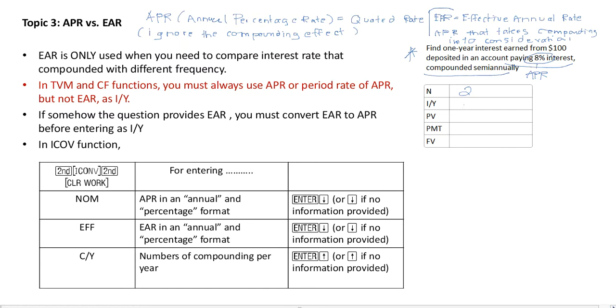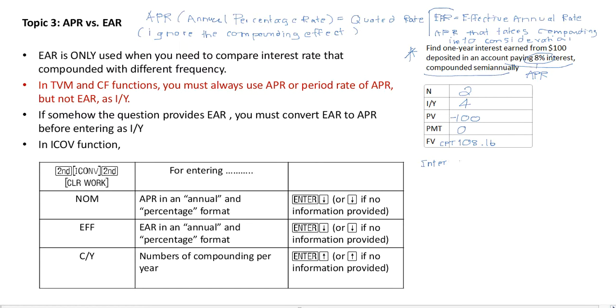The interest rate for each period will be 4, which is 8 divided by 2. PV, today's deposit, is 100. PMT is 0. So I compute FV, and I got 108.16.